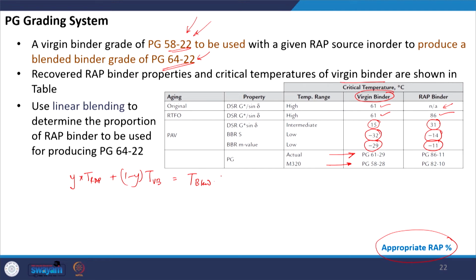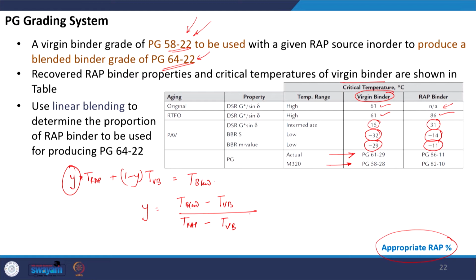So, in this particular case we are trying to determine the value of Y. So, Y becomes equal to T of blend minus T of virgin binder divided by T of RAP minus T of virgin binder, alright. I think this is right, yes this is right, okay.